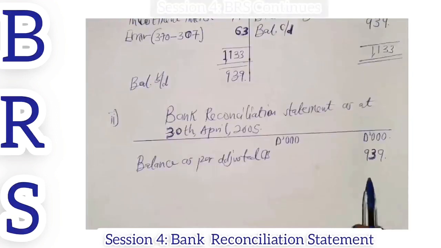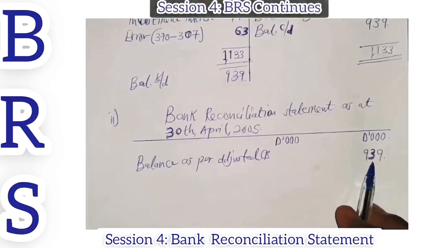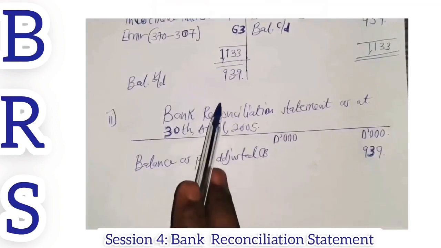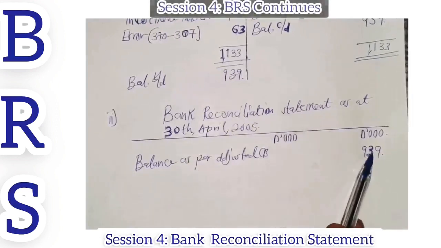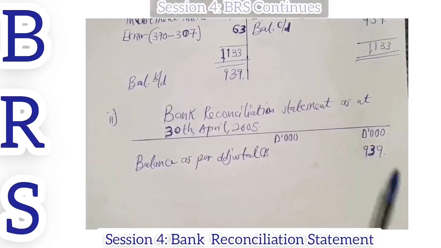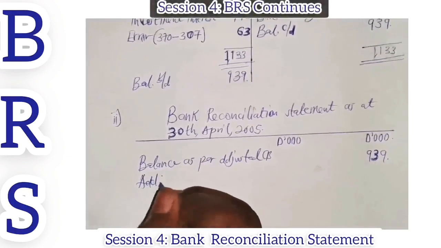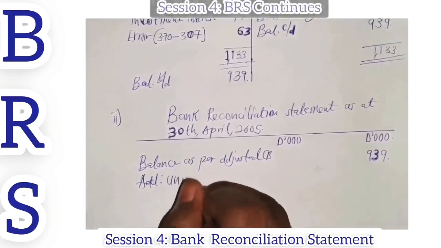So 939 as my balance as per adjusted Cashbook. Now, if I'm using this one, it is a favorable balance because it's at the debit side of the updated Cashbook. So all that I will do here is to add my unpresented checks.